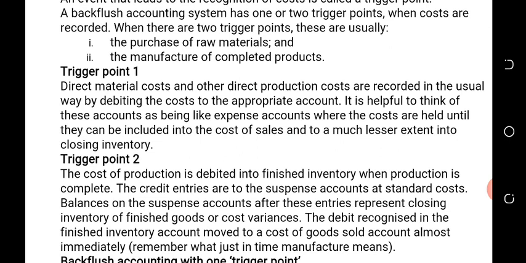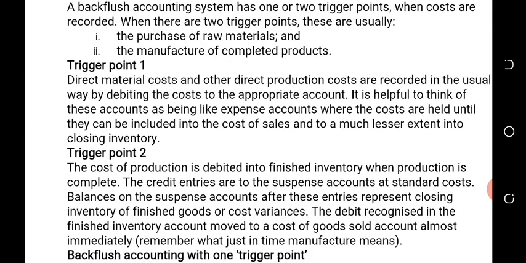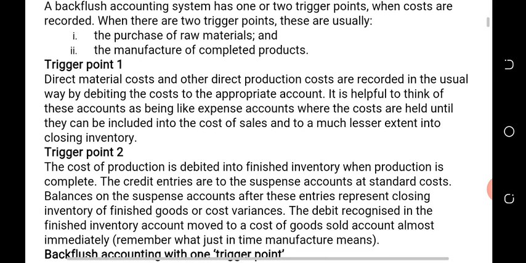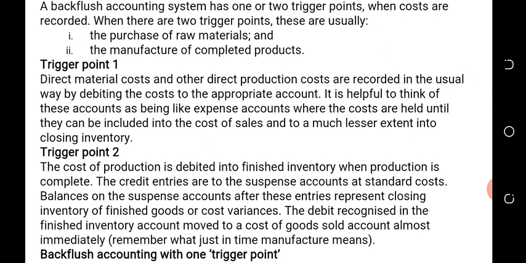Now, trigger point one. What are those things that you need to understand when it comes to trigger point one? The direct material costs and other direct production costs are recorded in the usual way by debiting the cost to the appropriate account.